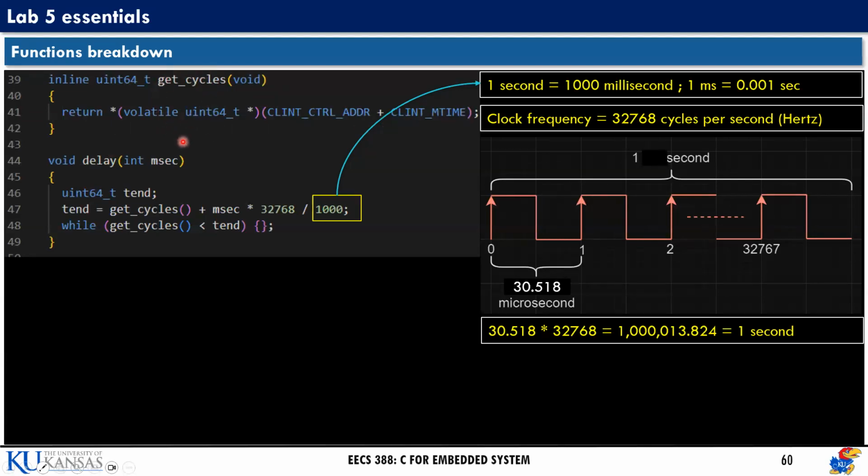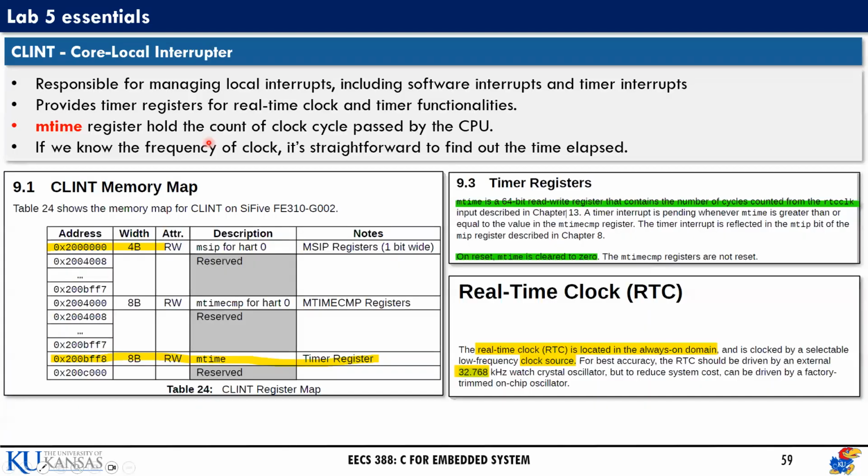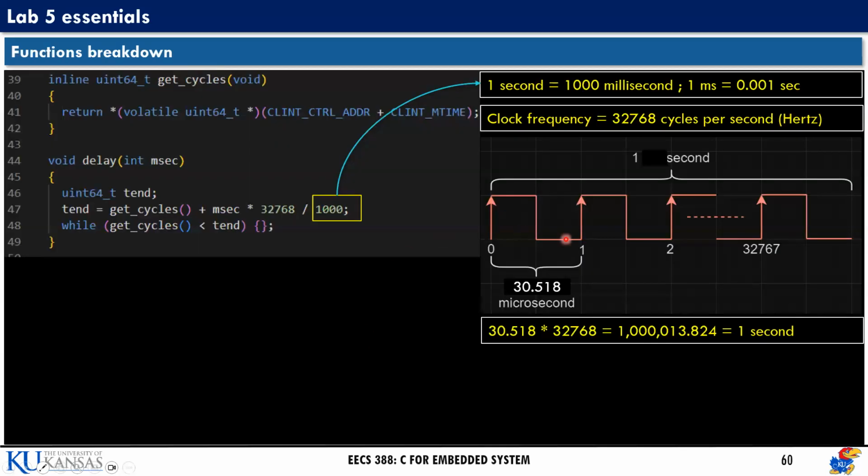And as I already told you, we are using here the real-time clock. I mean, we are getting the cycles from this real-time clock. So this 32.768 kilohertz means that for 1 second to pass in your microcontroller, we have to go through 32,767 clock edges, if you start with 0.